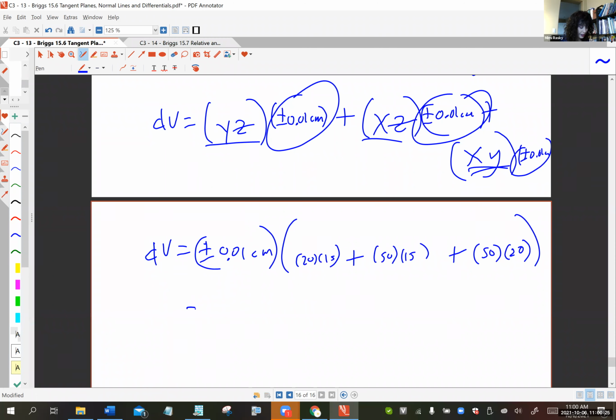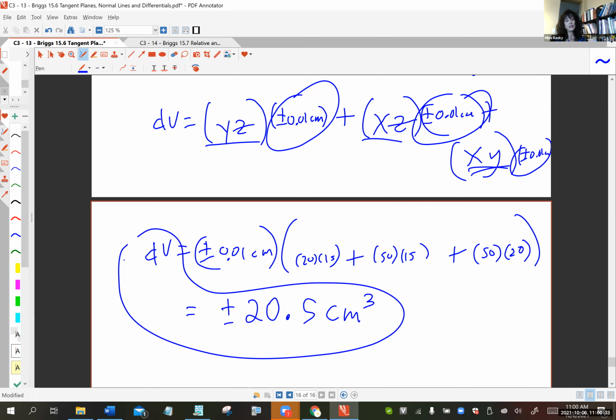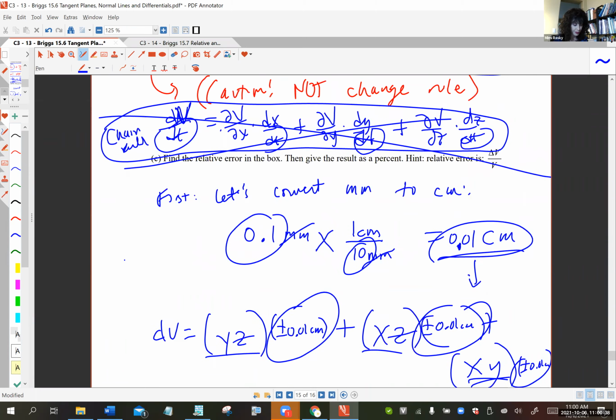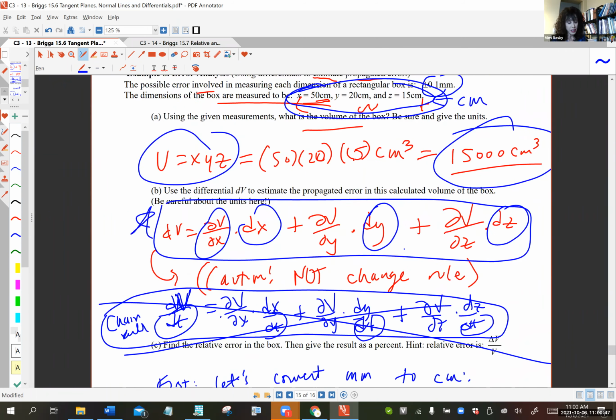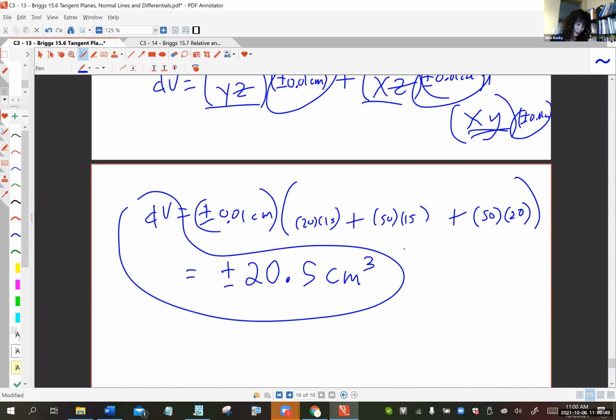Whip out the calculator, and I get plus or minus 20.5 centimeters cubed. So what is this telling us? This is telling us that the original volume answer, 15,000 centimeters cubed, is a little bit off. It could go in either direction. It's 15,000 centimeters cubed plus or minus 20.5 centimeters cubed, because our measuring tool isn't completely accurate.